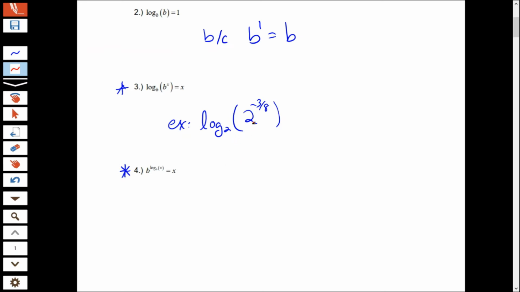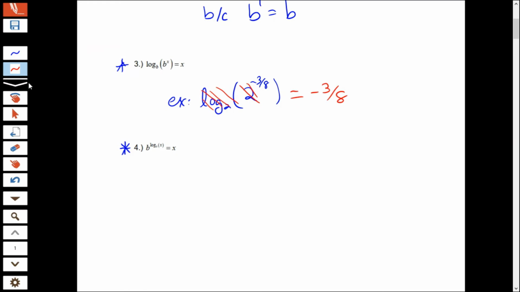And basically, you're going to raise 2 to the 3/8 power, and then you're going to say 2 to the what equals that new expression? Well, of course, that's just equal to negative 3/8. And as I said, the log and the 2 raised to the power cancel. Okay?